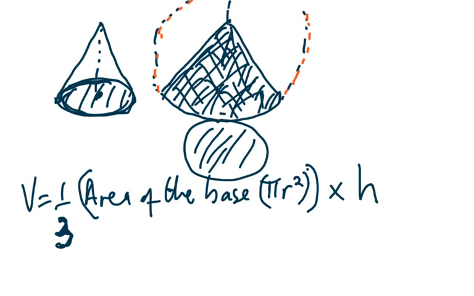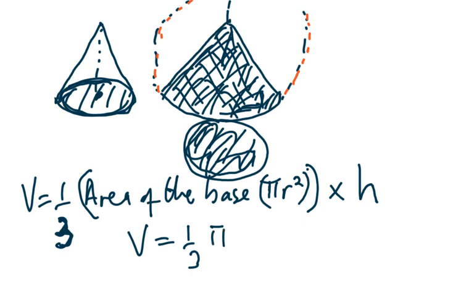So it would be 1/3 area of a circle. What's the area of the circle? The area of the circle is given by pi r squared multiplied by h. So V is equal to 1/3 pi r squared multiplied by h. So that's how we find the volume of a cone.